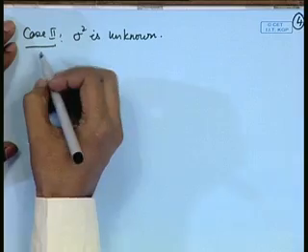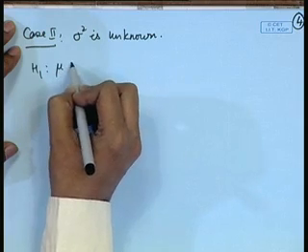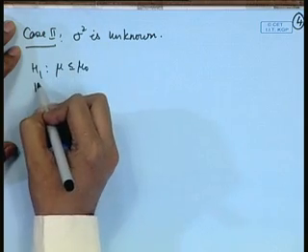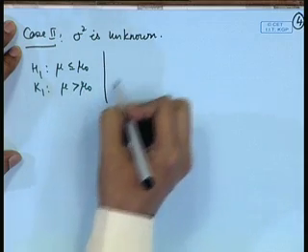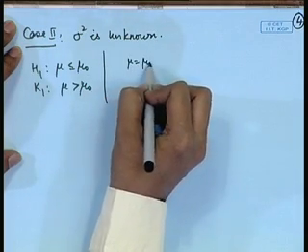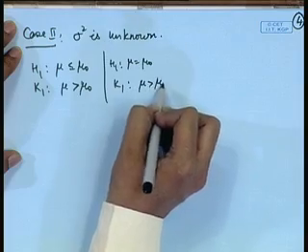So, let me take the hypothesis problems, say H1, that is mu is less than or equal to mu naught against say K1, mu is greater than mu naught, or a variation of it, that is mu is equal to mu naught against say mu is greater than mu naught.